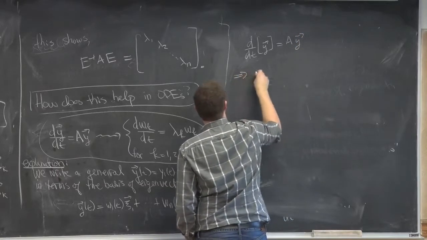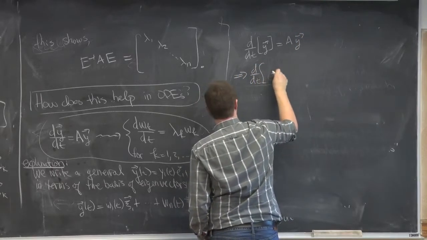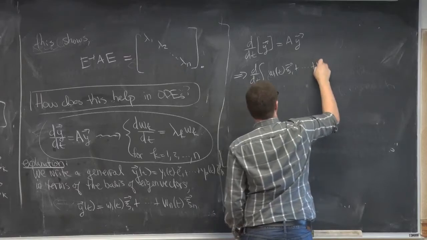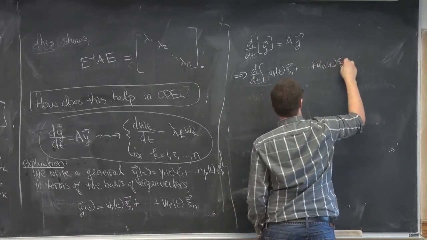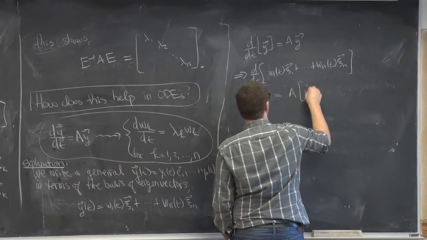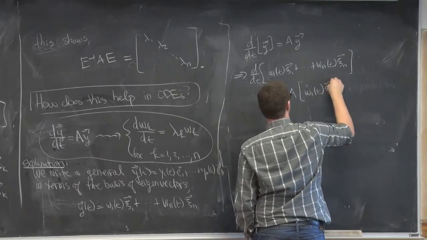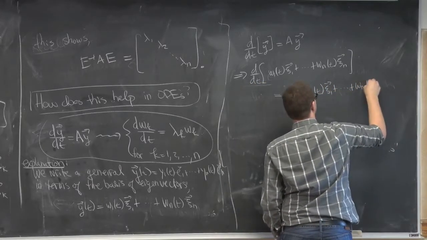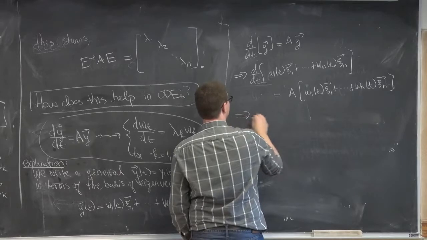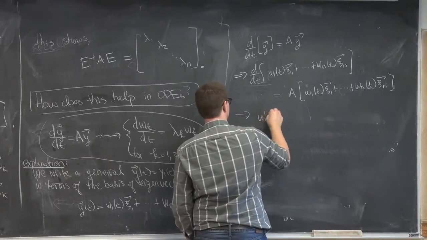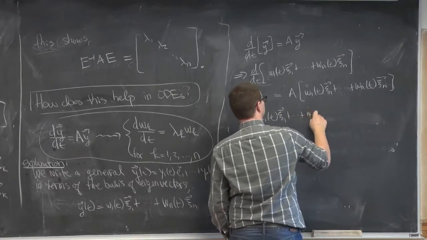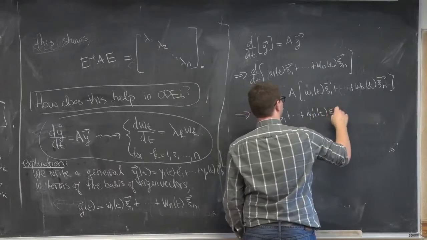This becomes d/dt of w1 of t c1 plus up to wn of t cn, and on the other side A applied to w1 of t c1 plus up to wn of t cn. Now this side just becomes w1 prime of t c1 plus wn prime of t cn.